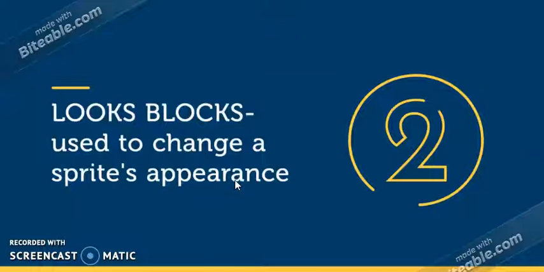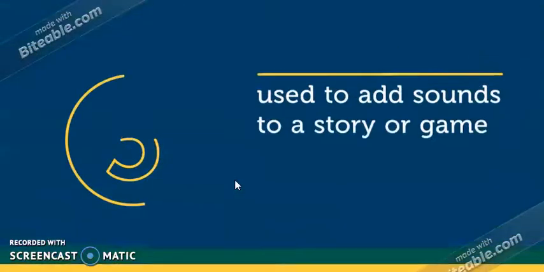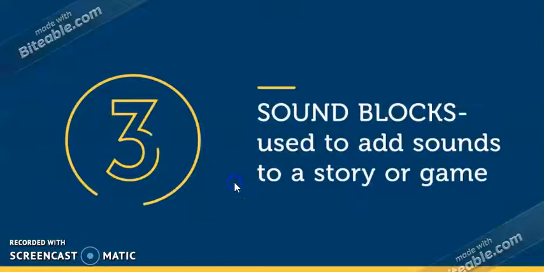The third one is sound blocks. Sound blocks are used to add sounds to a story or game or edit sound effects like pitch and even change the volume of different sounds.